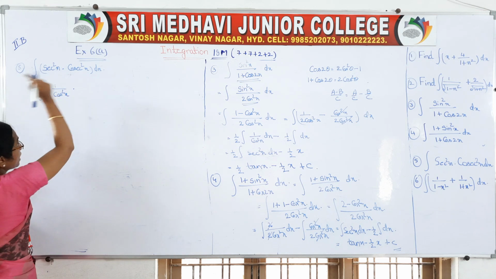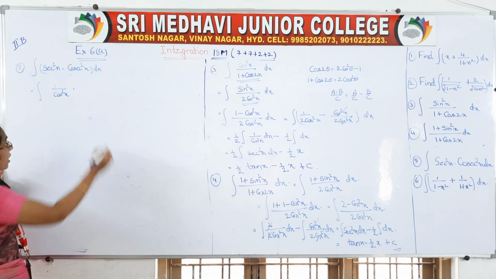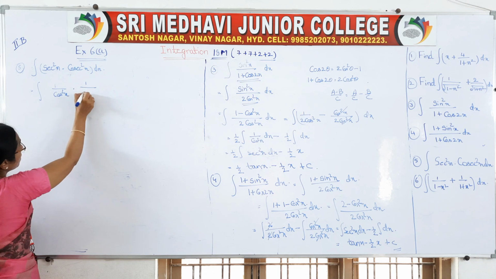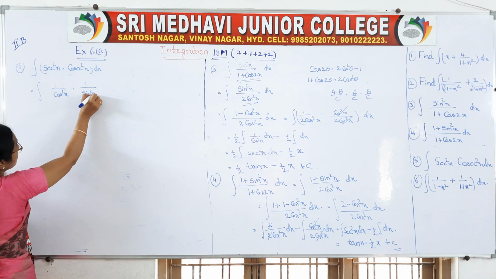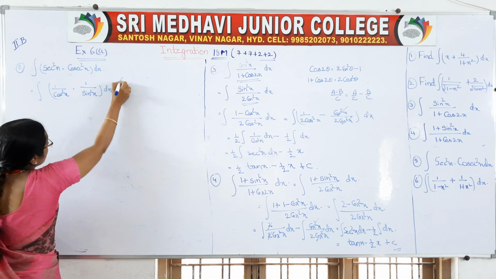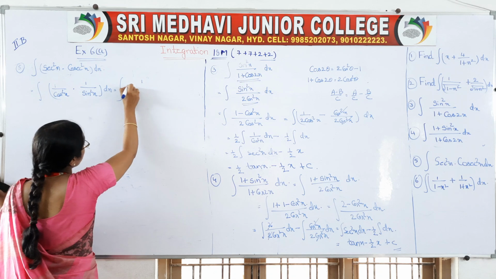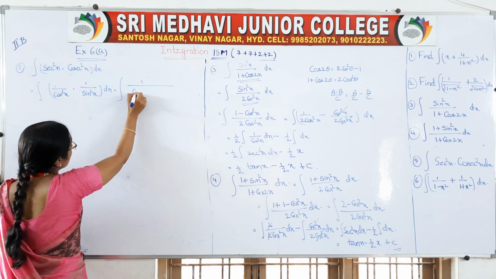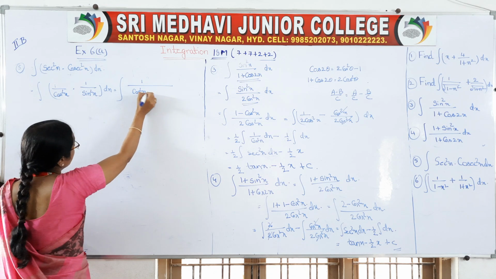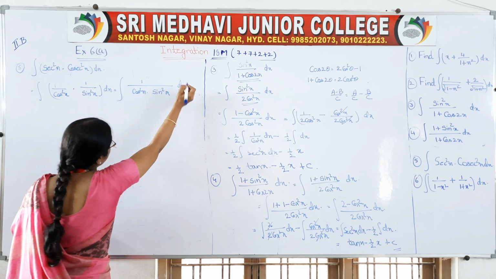Similarly, cosecant and sin are reciprocal to each other. Cosecant square can be taken as 1 by sin square x, into dx. So the integral, upwards 1 into 1, 1 only, downwards cos square x into sin square x into dx.